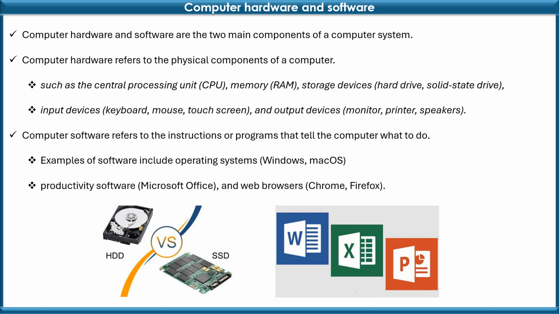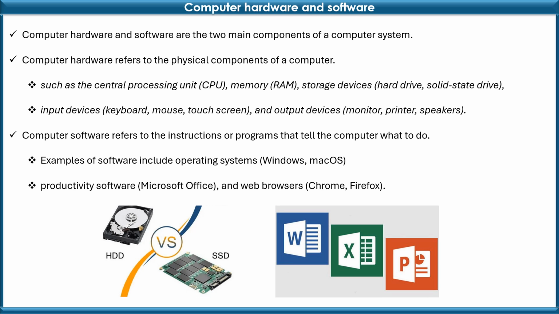Then let's go to the computer hardware and software. Computer hardware and software are the two main components of a computer system. Computer hardware refers to physical components of a computer, such as the central processing unit, which is the CPU, memory, which is RAM, storage devices such as hard drive, hard disk drive, solid state drive, just like we have highlighted in the previous slides.